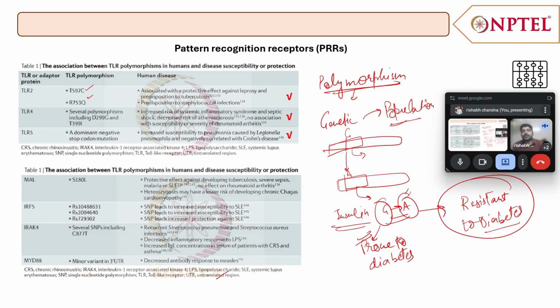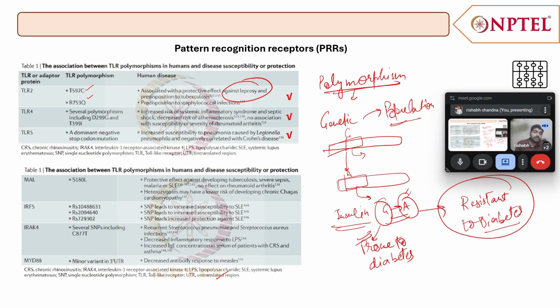This is a protein change and this is a nucleotide change. In this case, this is associated with a protective effect against leprosy and predisposition to tuberculosis. So these individuals are more protected against leprosy, so they do not suffer leprosy, but they are more prone to tuberculosis.